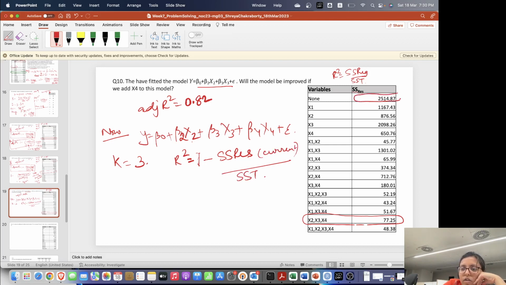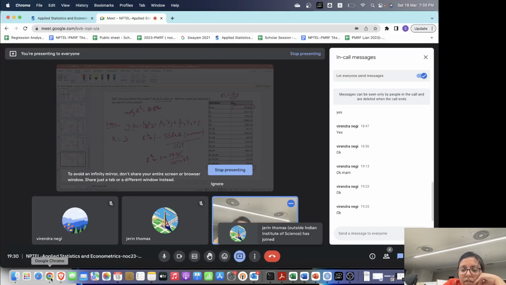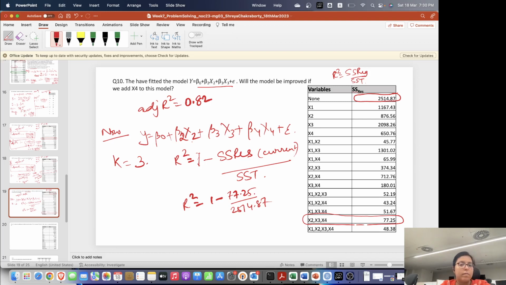So then this is total, this is the current model. So R square will be 1 minus 77.25 by 2514.87. Okay. So how much is this coming to?